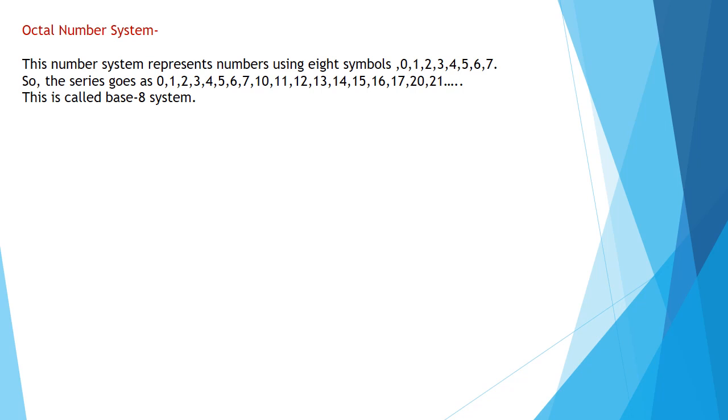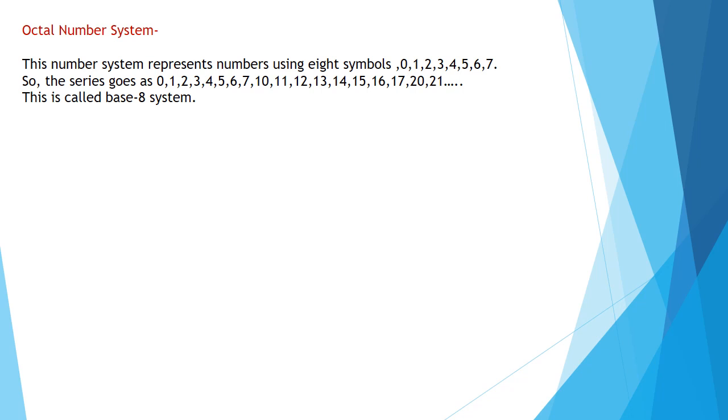If you try to create a series from these symbols, the series will go as 0, 1, 2, 3, 4, 5, 6, 7, and then 8 and 9 will be skipped. Then we will write 10, 11, 12, 13, 14, 15, 16 and 17. Then again 18 and 19 are skipped, then 20, 21, and this way it will follow.